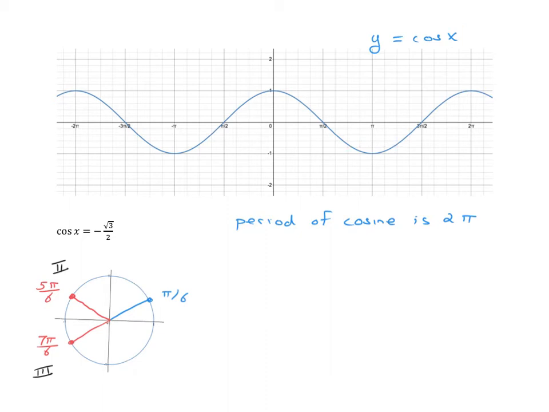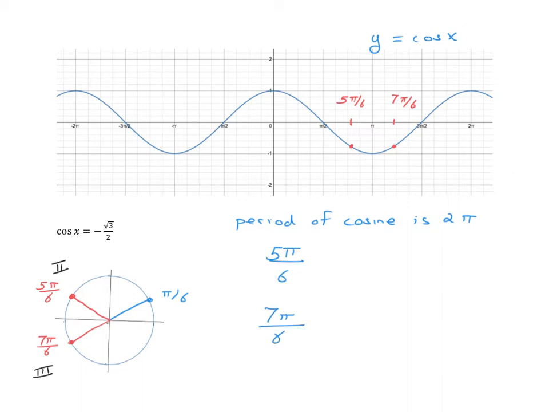So some angle here and some angle here. What are those? Well, this one is 5 pi over 6, and this one is 7 pi over 6. So we have two solutions, 5 pi over 6 and 7 pi over 6.